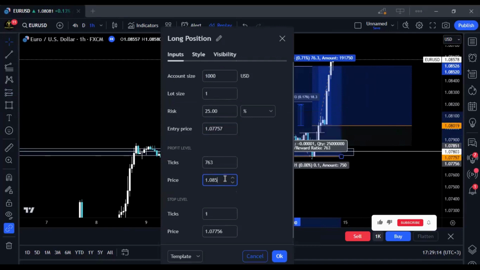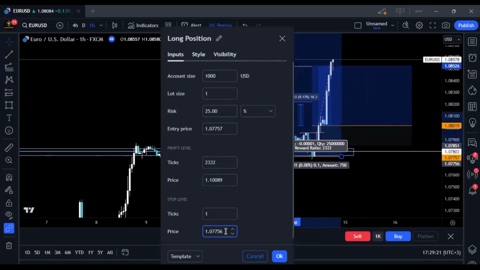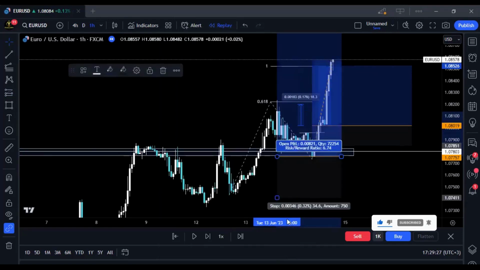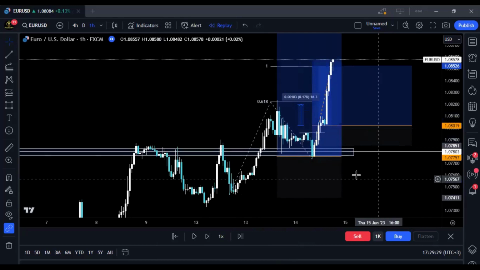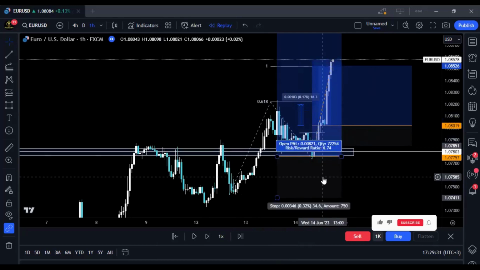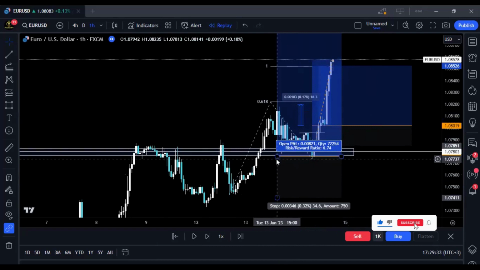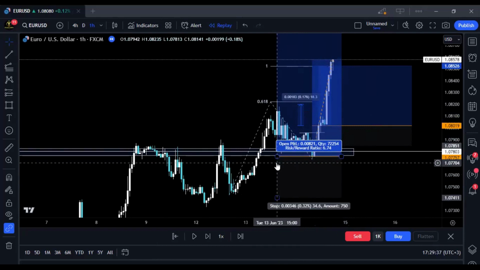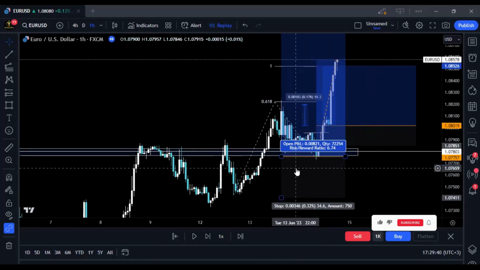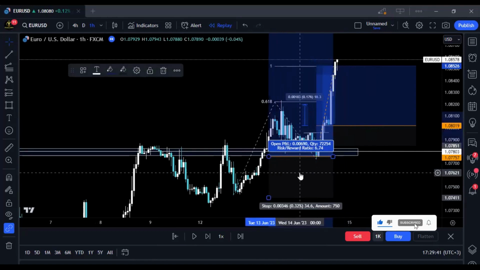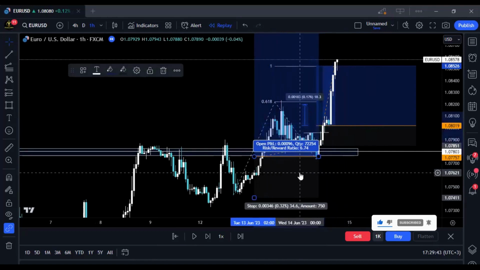We are aiming for a very high target, like 10089, and stops were about 7411. It was June 12th, not 13th. My bad. It was June 12th, not 13th.